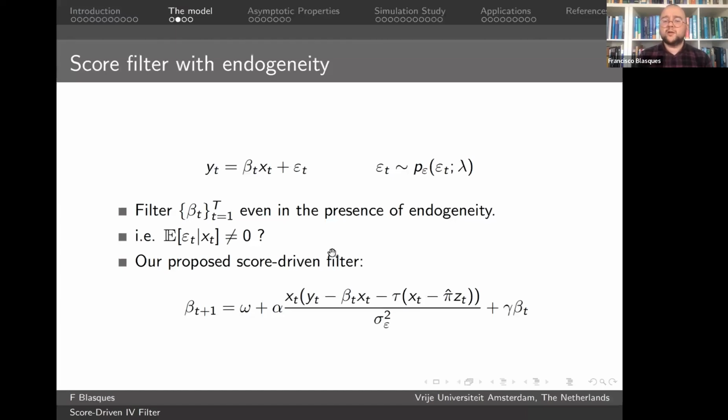The score-driven filter that we propose is this one, which is a kind of two-step IV procedure where we first use an instrument Z, right? We regress X on Z, and then we plug in the error term. By the way, that's a different way of doing IV that I did not explain before, I realize now.